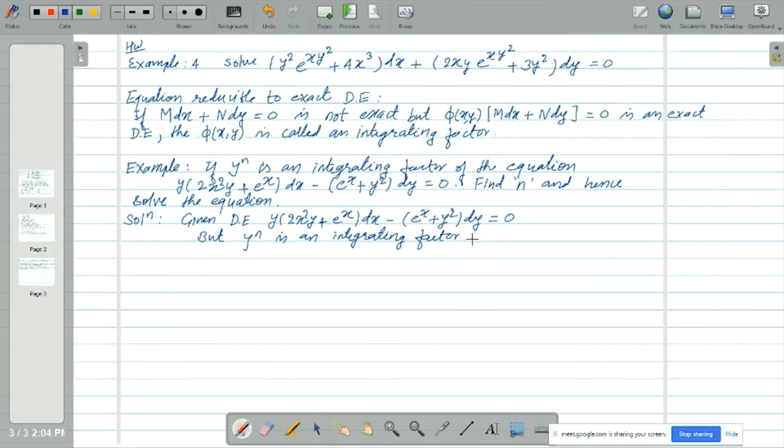Therefore, y raised to n into y(2x squared y plus e raised to x) dx minus y raised to n (e raised to x plus y squared) dy equal to 0 is exact.